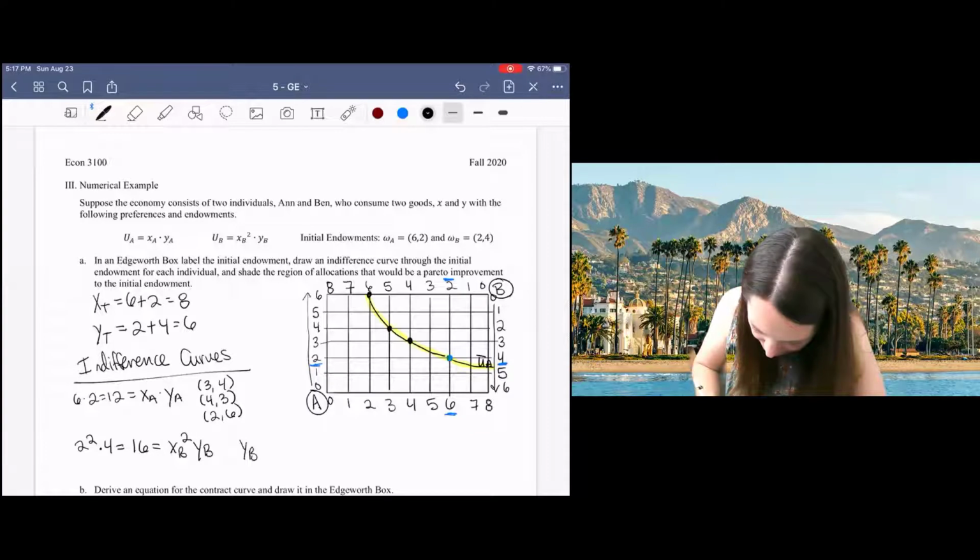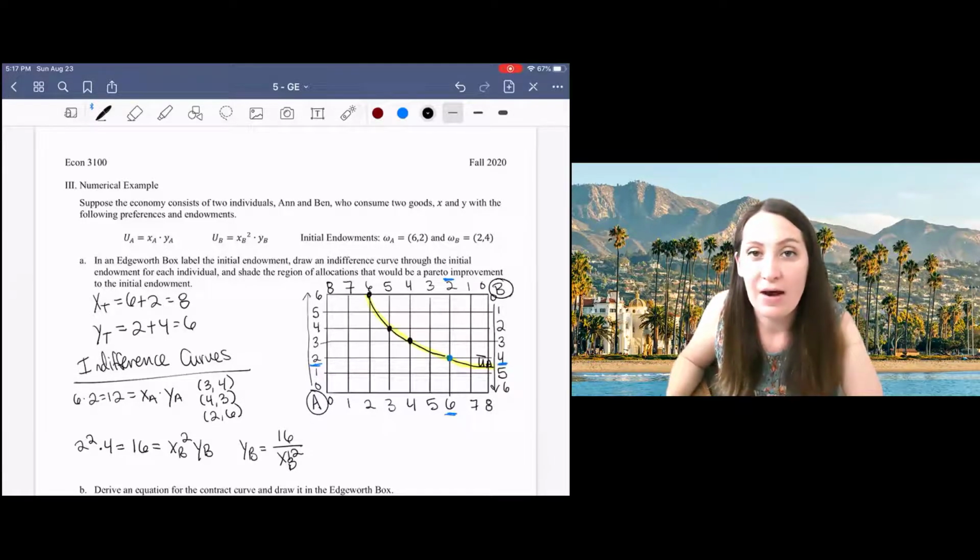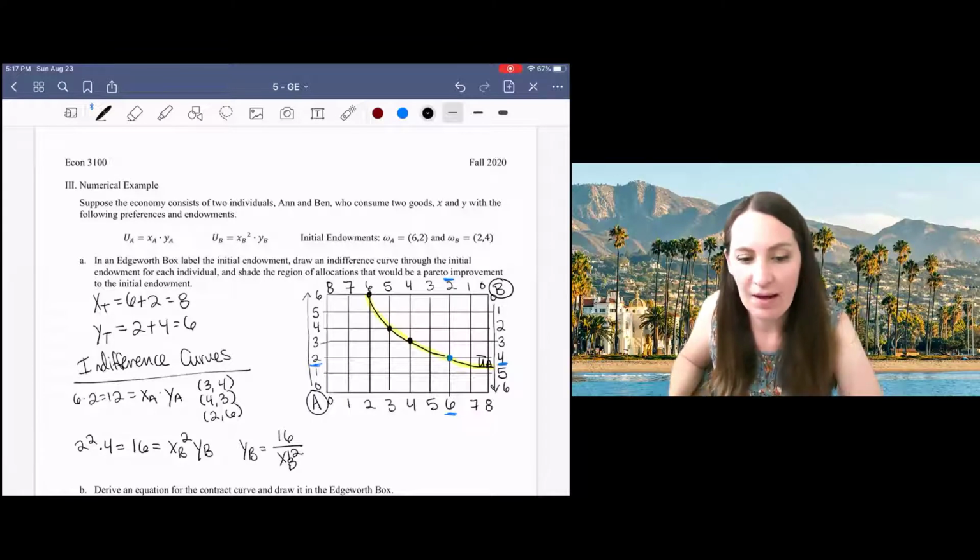So YB would equal 16 over XB squared. It seems useful to think about points within the box where we can plug XB into this equation. So for example, if XB is equal to 1, YB would be 16, which is not within the box, so it would be difficult to plot.